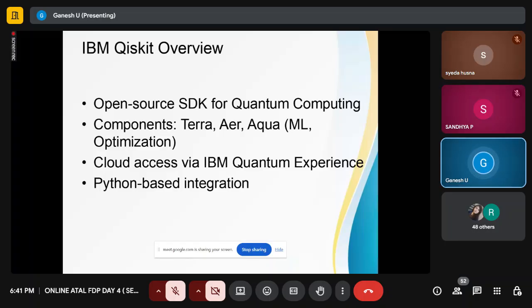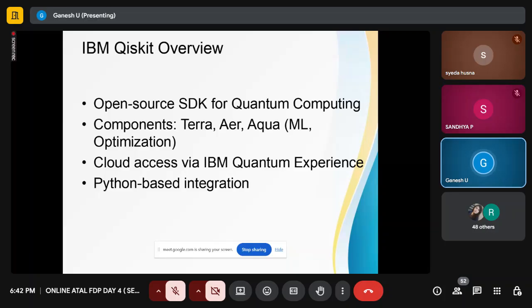The platform is Python based. The key features of Qiskit: it is backend agnostic, supporting quantum hardware and simulators, Amazon Braket, and many more.